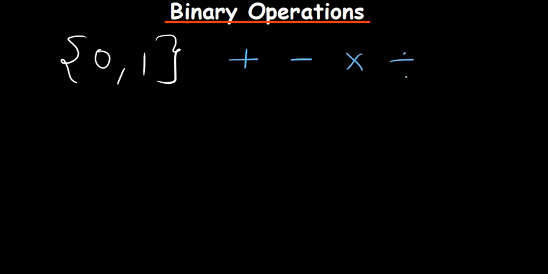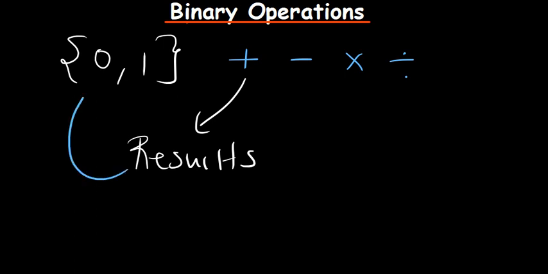Let's try to identify which ones are binary operations on this set. For addition to be a binary operation on a given set, whatever operation you perform, the results should always be contained within the given set.